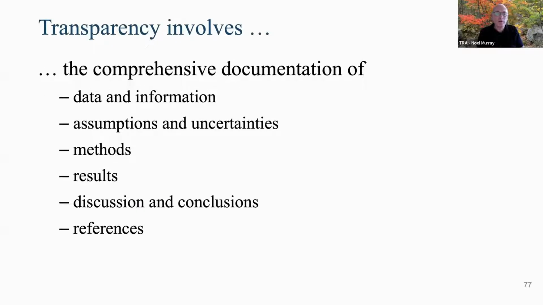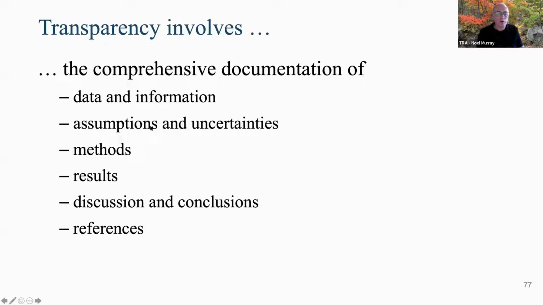So what does transparency involve? A comprehensive documentation of all the data and information in our analysis, as well as, importantly, the assumptions and the uncertainties. It's quite surprising at times how assumptions and uncertainties are glossed over in some risk analyses that are undertaken.